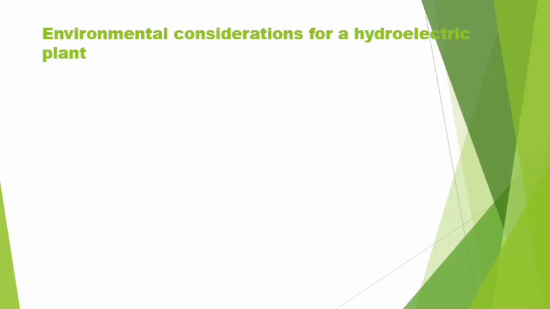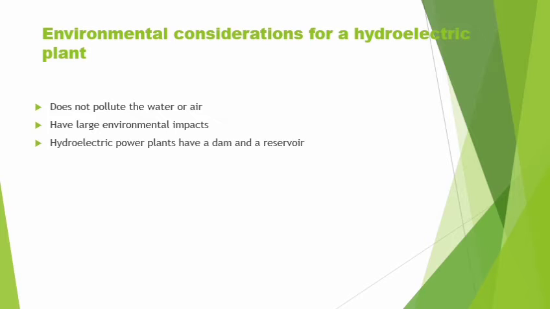Environmental considerations for a hydroelectric plant. Hydropower does not pollute the water or the air. However, hydropower facilities can have a large environmental impact by changing the environment and affecting land use, homes, and natural habitats in the dam area.